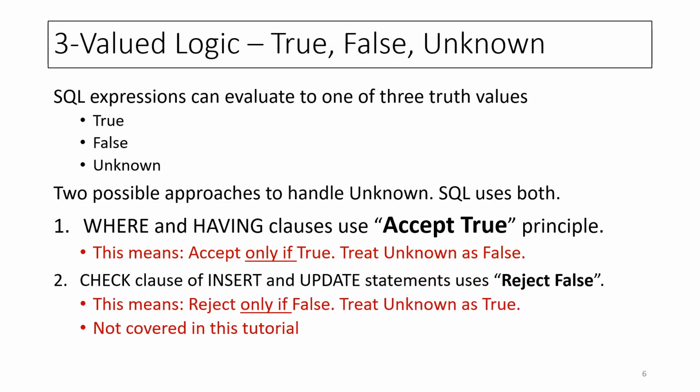The second approach, which is used for check clause of insert and update statements, uses reject false. This means reject only false, treating unknown as true. We will not cover this in this tutorial. We will only stick with the accept true, which applies to where and having.